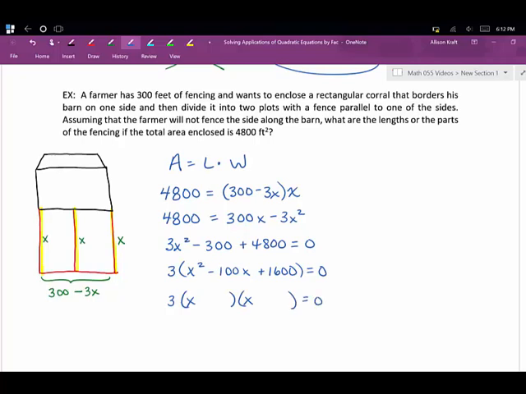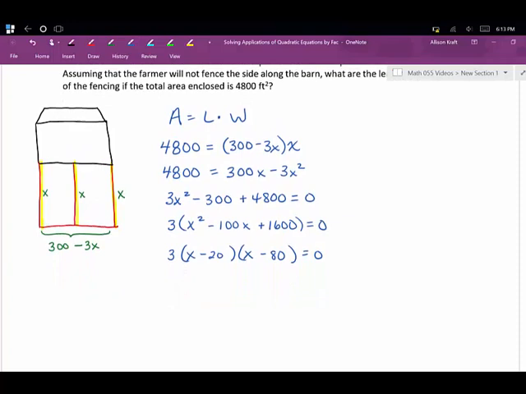We're looking for two numbers that multiply together to give me 1,600 and add together to be negative 100, negative 20, and negative 80 work. Now we'll apply our zero product property, setting each one of our factors containing a variable equal to 0. And then we solve. We get x to be 20 and x to be 80.